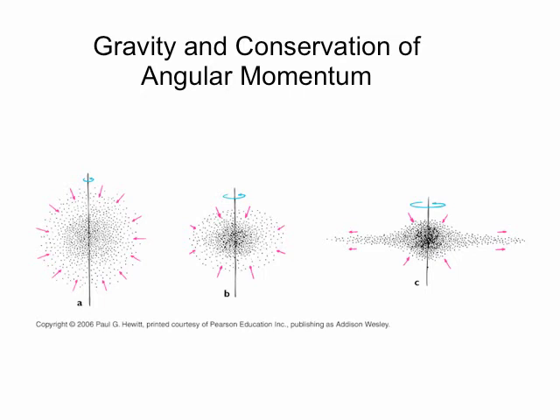If the original ball has some rotation in part A, then the ball at the center, the bulge at the center of part C, has a much greater rotation. As the particles come in closer, their rotation increases, their value of omega increases. As they come in closer, the rotational inertia, the moment of inertia I, decreases.